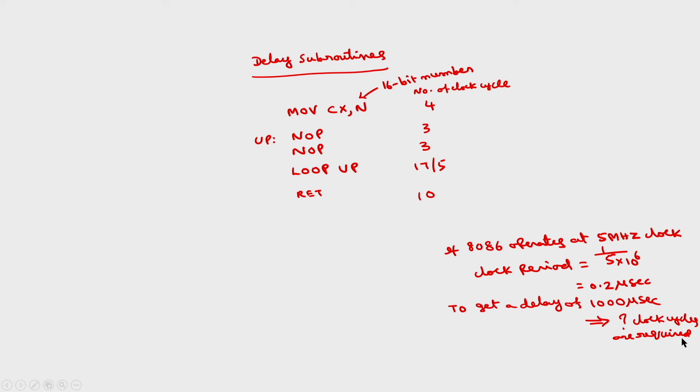So, this is 0.2 microseconds per clock cycle. Okay. So, for 1000 microseconds, 1000 divided by 0.2, which is nothing but 5000 clock cycles are required.